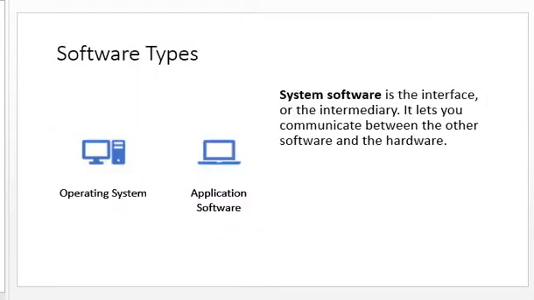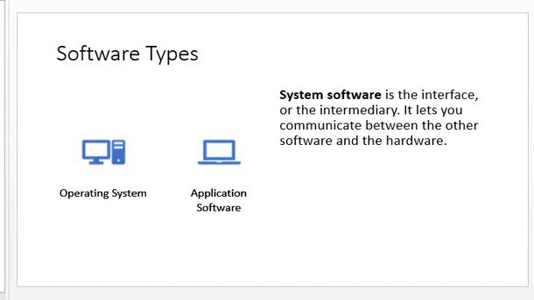And in terms of software, we have two types of software, which are mainly operating system and application software. The operating system is the base software that the application software sits on. So you will notice you cannot have an application software installed on your machine without first having an operating system installed. And it is the operating system that controls and coordinates the function of the computer and external hardware devices.